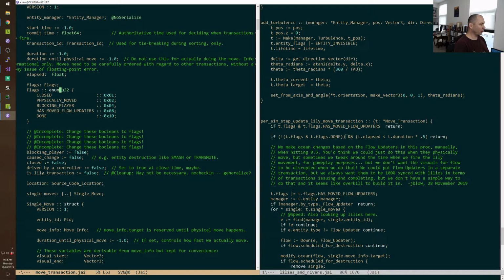Oh, this should say enum flags, by the way. I mean, I could just say, if it's an enum flags, you could test it as a bool, and that's syntactic sugar.